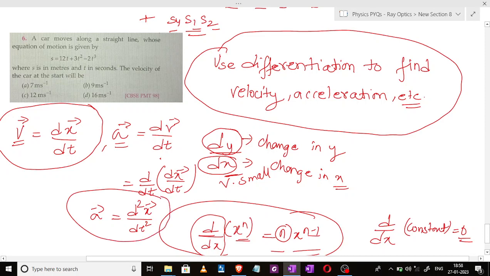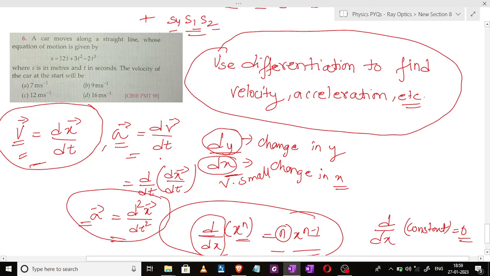So we can also understand that differentiating x twice, the power meaning we differentiate twice: differentiating once gives velocity, differentiating that again gives acceleration. So for now just remember that velocity is given by d/dt of x and acceleration is given by d/dt of v, or you can also write d square x by dt square. If you have copied this, then for today it will be sufficient.